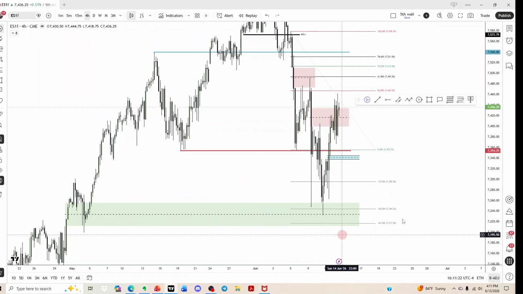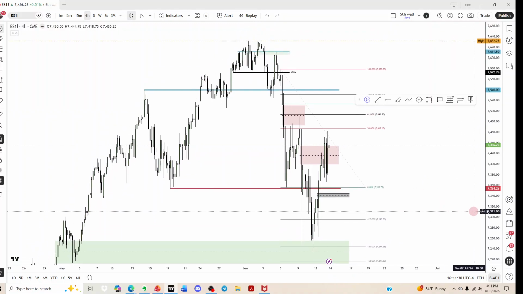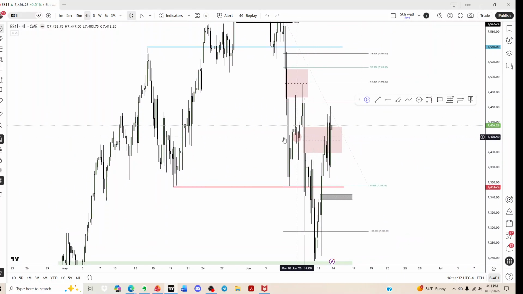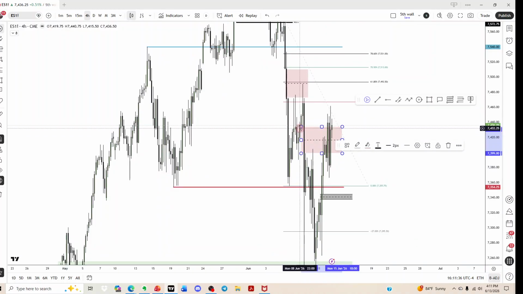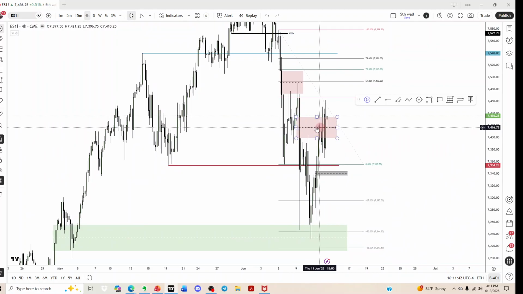So we have that as a support on a 4-hour, right? And this is something futuristic that we just deduced from the chart. So we have this here, bearish fair value gap. We have one here as well, but whatever. So we need price to hold above here and here.